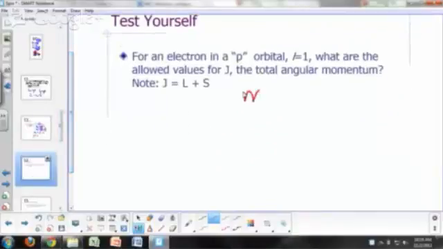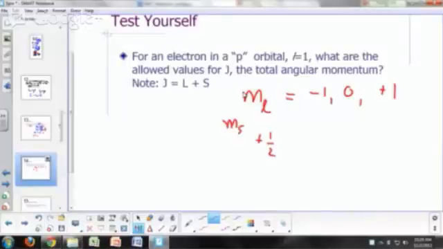What are the possible values of m sub L? Negative 1, 0, and positive 1. What are the allowed values of m sub S? Positive 1/2 or negative 1/2. So let's make a table.